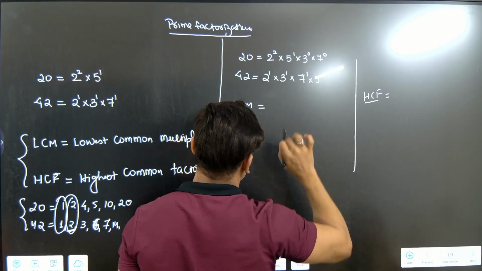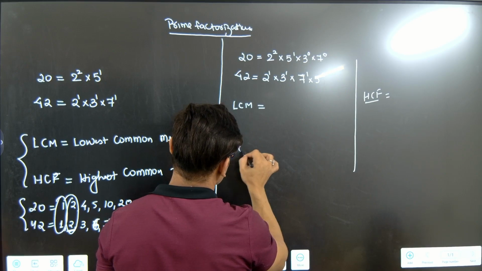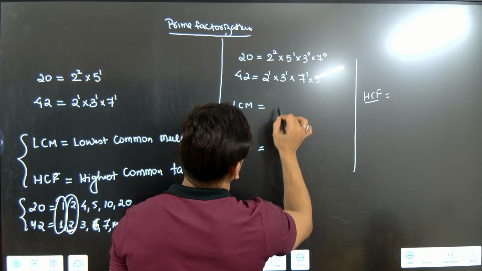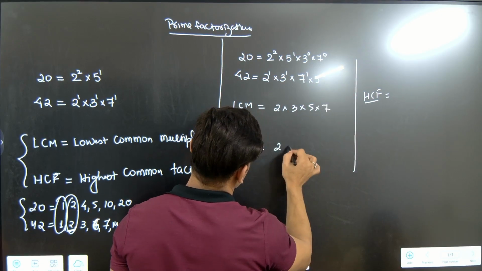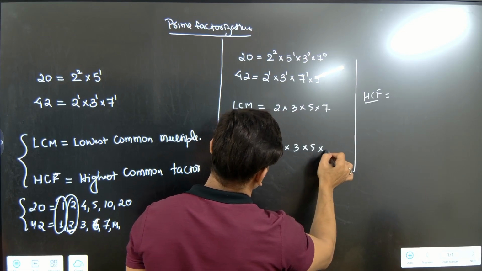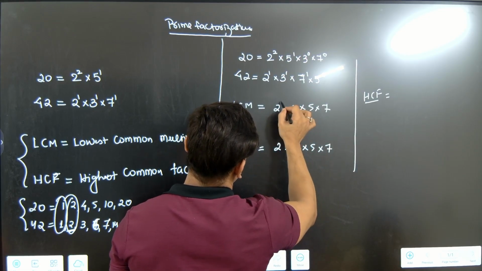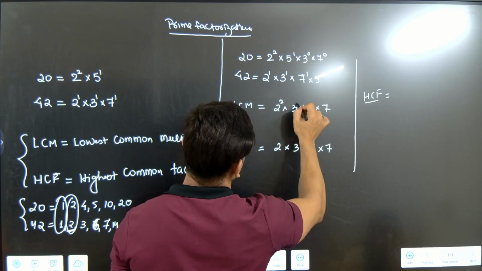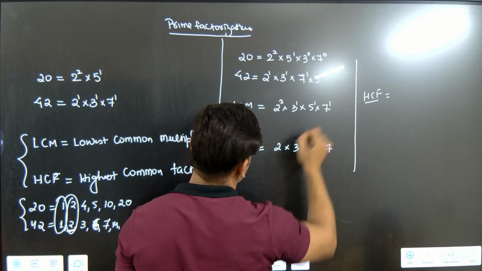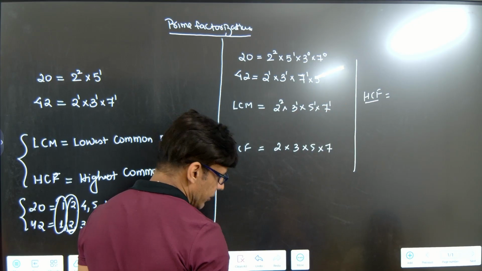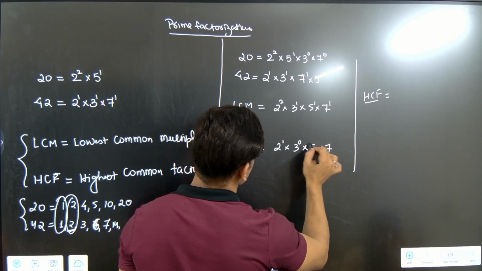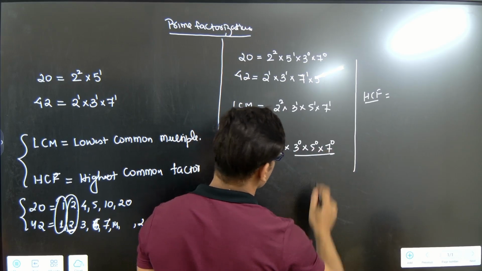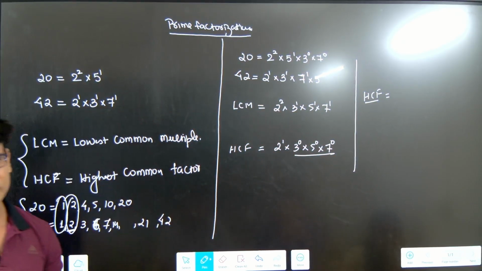अब LCM HCF simultaneously निकलता है. कैसे, देखो? Right? 2, 3, 5, 7. Here also write 2, 3, 5, 7. Lowest power and highest power. For LCM, the highest power: 2 is 2, 3 is 1, 5 is 1, 7 is 1. For HCF, write all the lowest powers: 2 is 1, 3 is 0, 5 is 0, 7 is 0. ये तो पूरा 1 हो गया. 1 into 2 is 2.